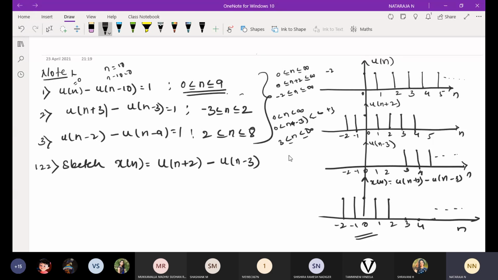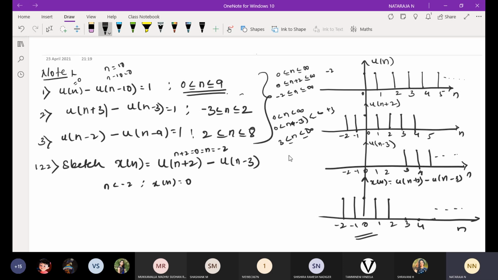Next, try the formula method. Initially we have u of n plus 2. If I take n plus 2 equal to 0, n is equal to minus 2, so for n less than minus 2 it will be 0.